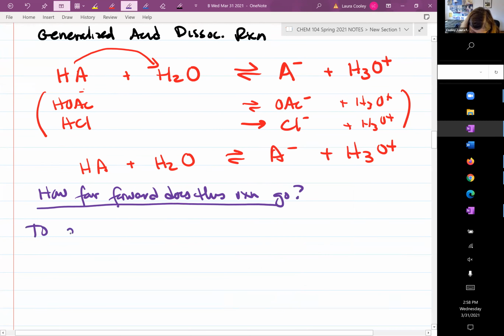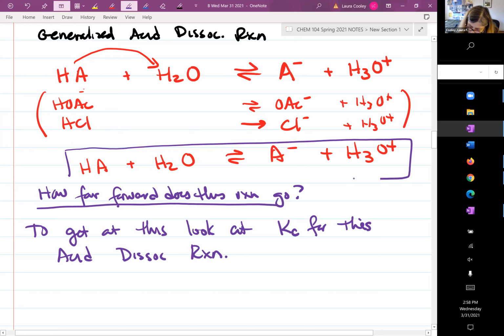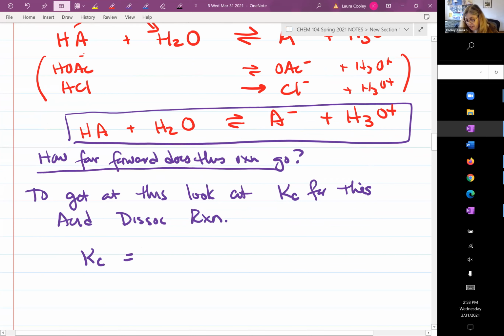To get at this, look at Kc for this acid dissociation reaction. If we have this reaction, what is the Kc? It's the concentration of A minus times the concentration of H3O plus over the concentration of HA.